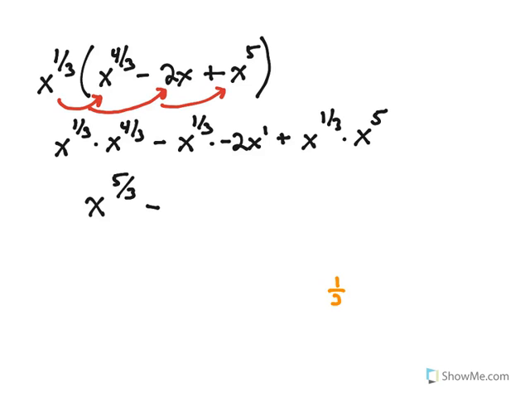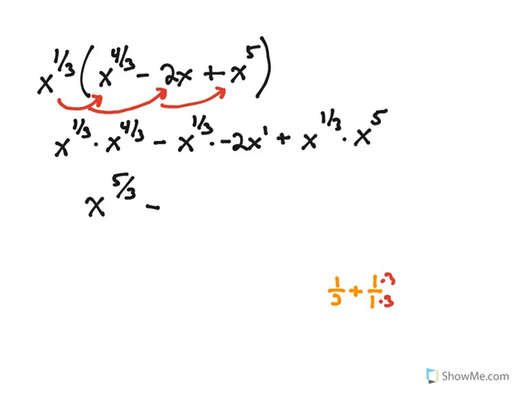So we have 1/3 plus x to the 1st power. So we're adding 1 over 1. Common denominator needs to be 3.